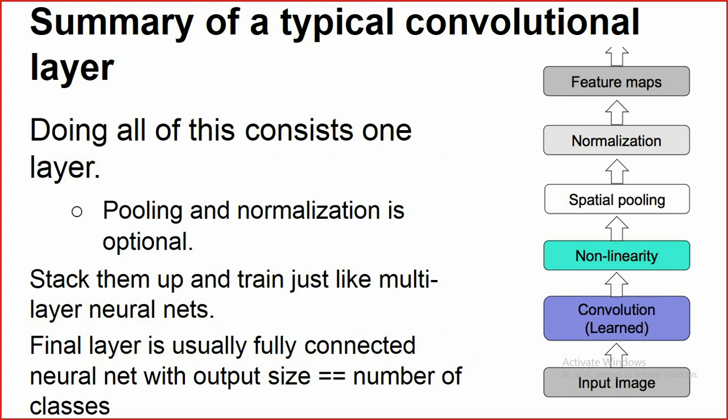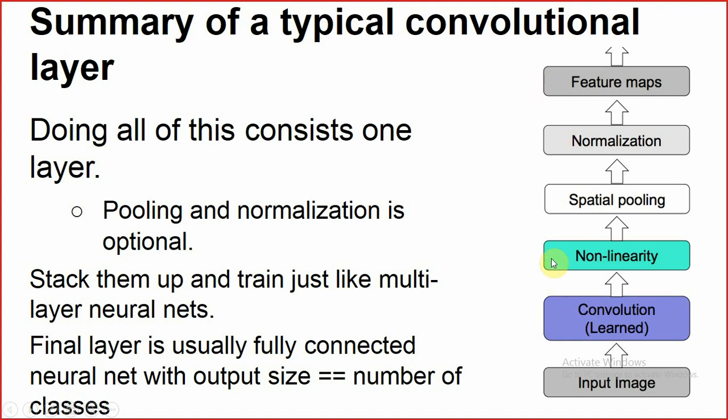Every typical convolutional neural network consists of these layers: some convolutional layers, then we perform a non-linearity function like ReLU, the rectified linear unit, and then we perform some subsampling to reduce the size, and some normalization. This way we compute one feature map, and these feature maps will be given as the input of the next layer.